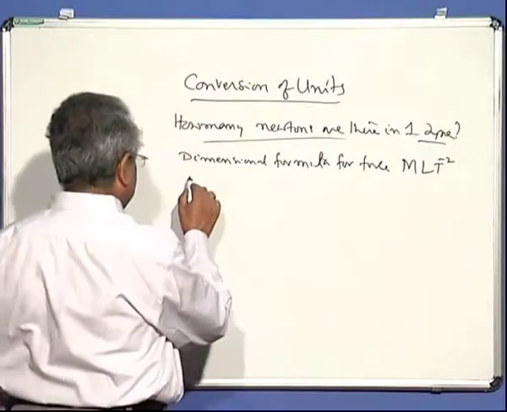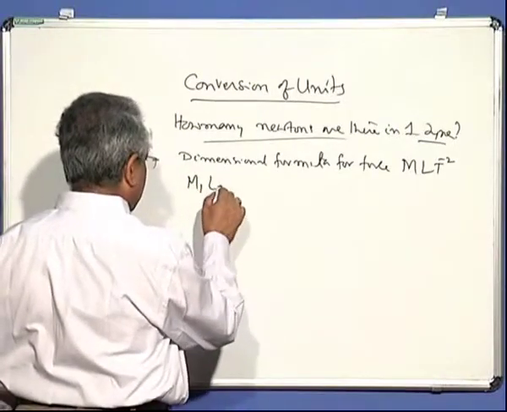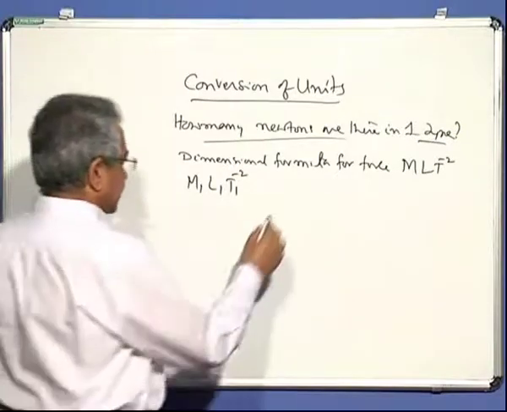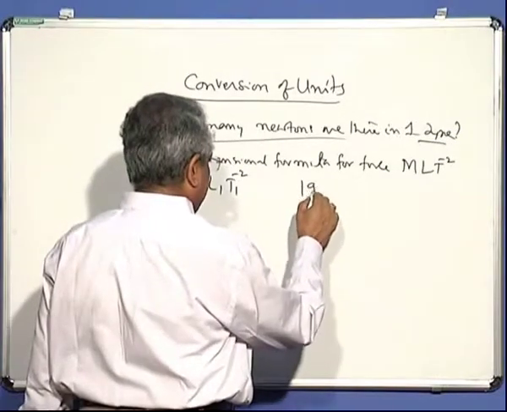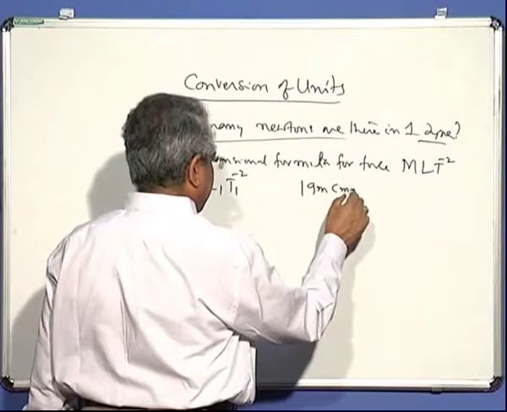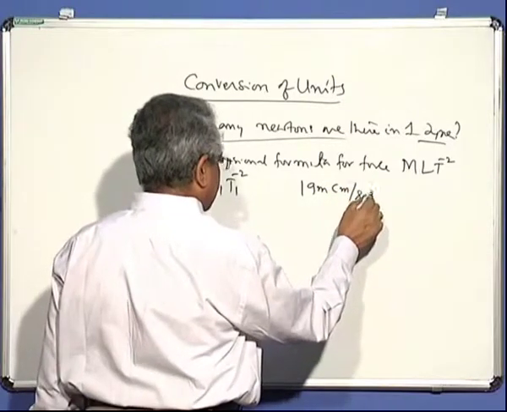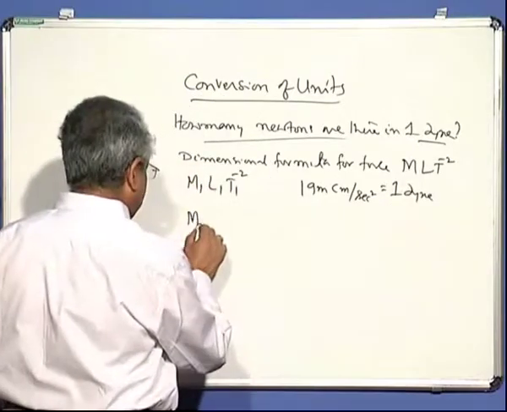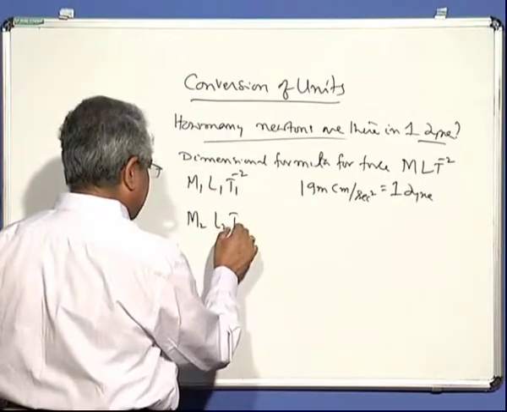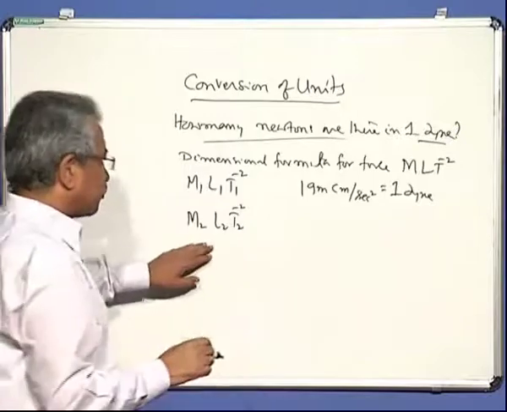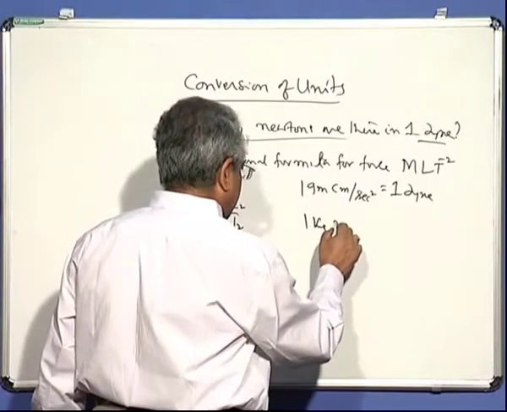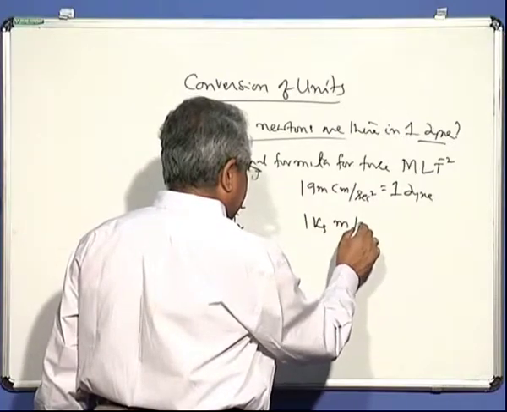So we write like that: M1 L1 T1 minus 2. Here, this can be 1 gram centimeter per second square. This is nothing but one dyne. If you do the same thing in SI units, giving us a different suffix here, this will be 1 kg meter per second square.